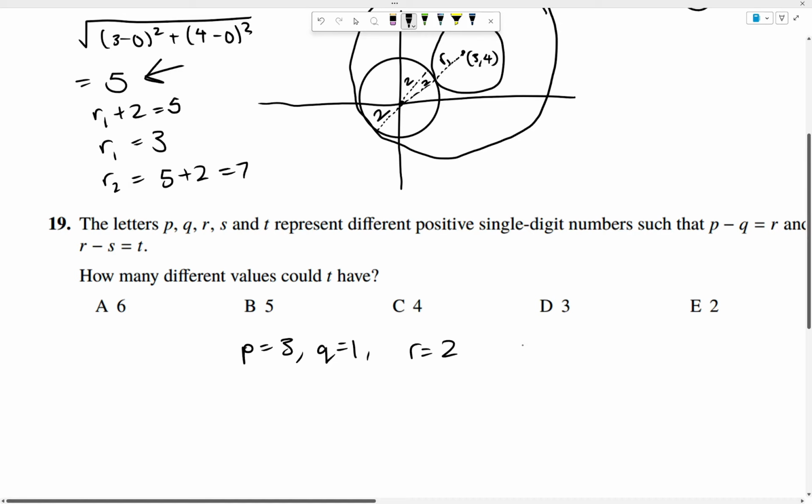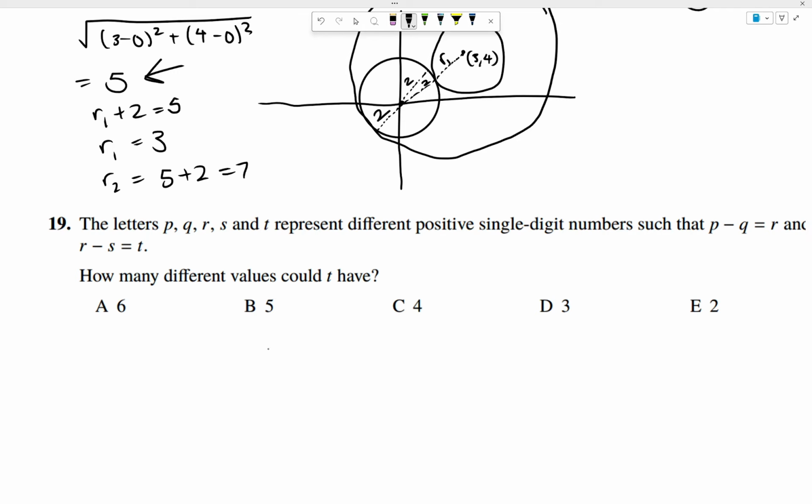So, I mean, the way I would solve this is I would try and look at the extreme cases. So I would try and look at what's the maximum possible value of T I could have, and what's the minimum possible value of T I could have. So to get the maximum possible value of T, I'm going to want R to be as big as possible and S to be as small as possible.